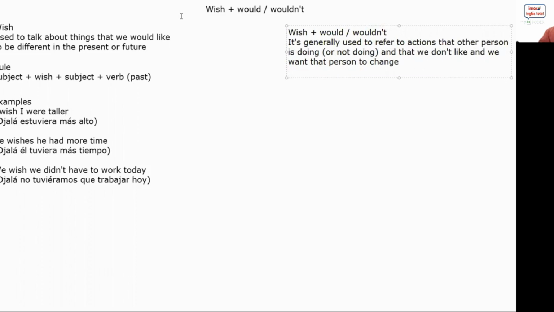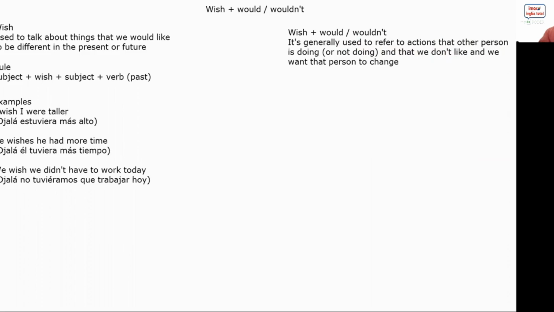We use this very specific structure usually to refer to actions that other person or people are doing, or maybe not doing, and it's something that we don't like. In addition, we want this person or people to change that behavior.